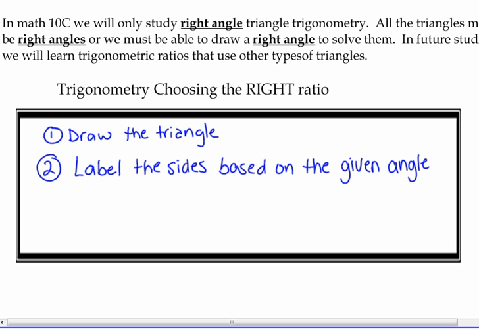We already talked about them. What are those 3 names for the sides? Opposite, adjacent, and hypotenuse. That's how you spell it. Hypotenuse. If you ever forget. Okay?